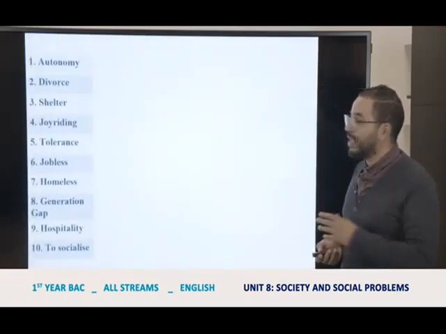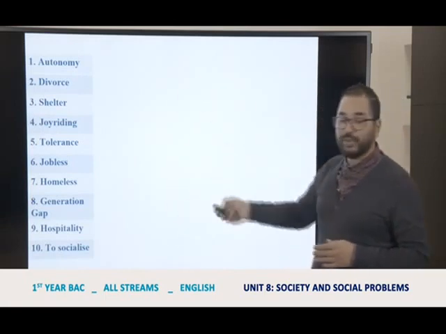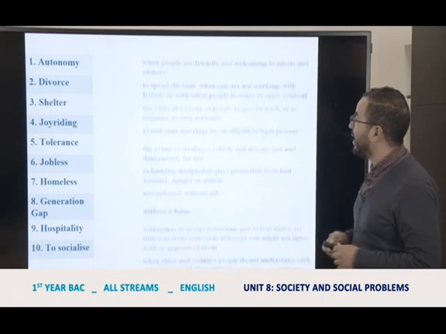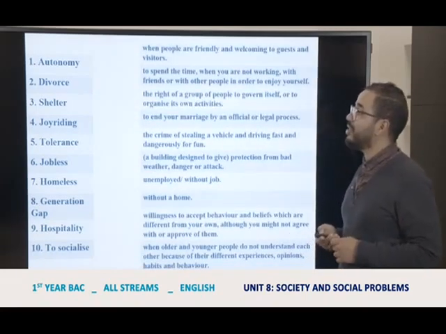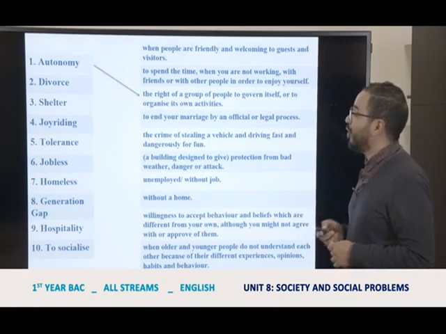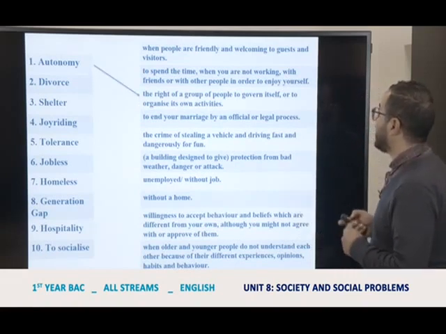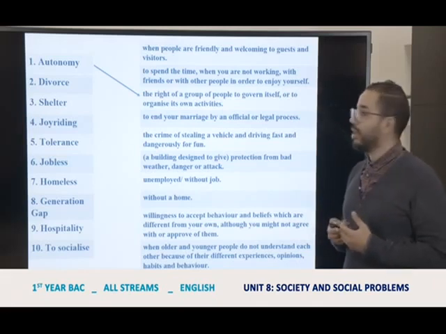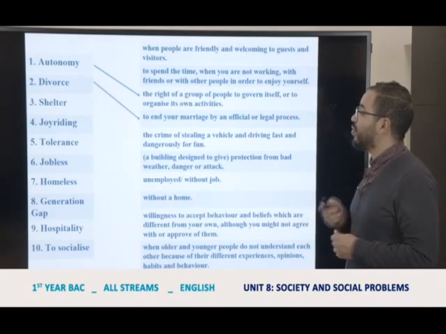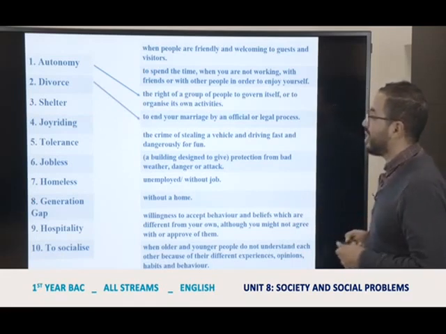Okay, so this is an exercise. These are the words that we have seen, or some of the words that we have seen, and this is their definition. The first one is autonomy, and as we said, autonomy is the right of a group of people to govern itself or to organize its own activities. The divorce is to end your marriage by an official or legal process.